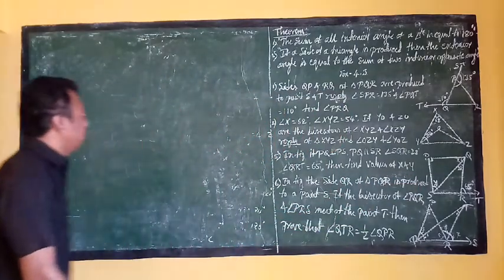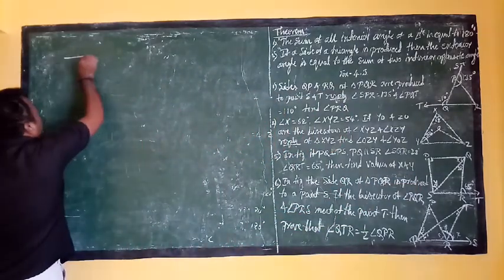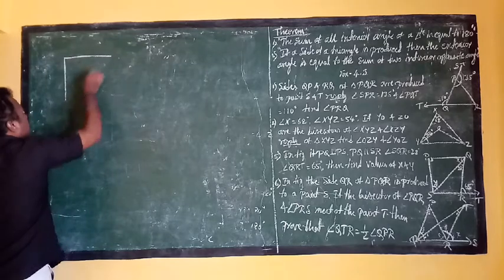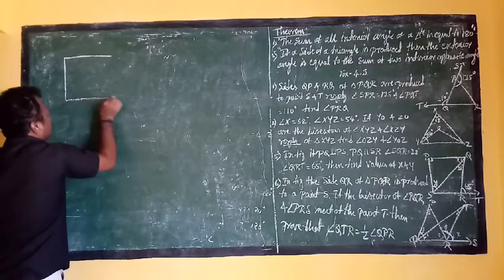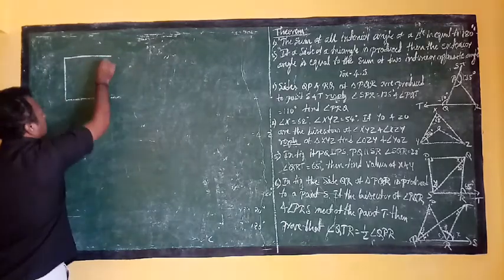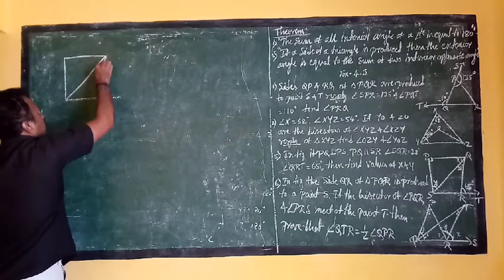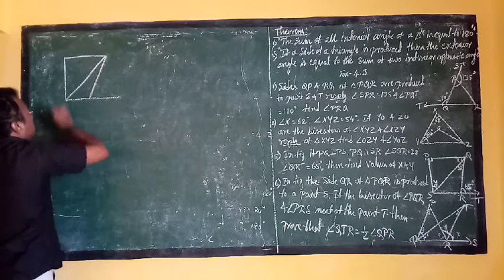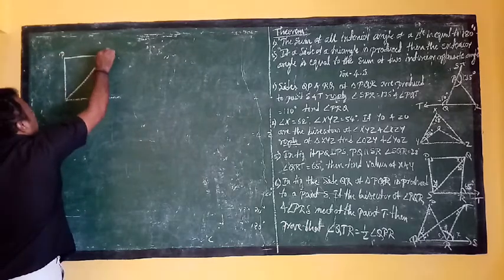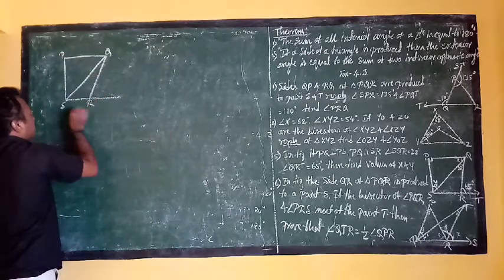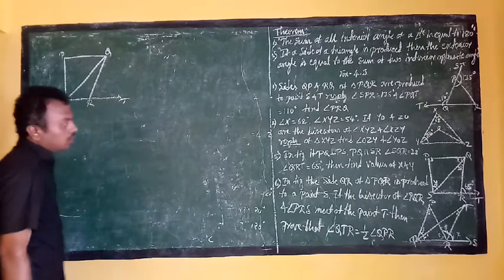So first I will draw the diagram. This is P, Q, R and this is S and this is T. Correct?